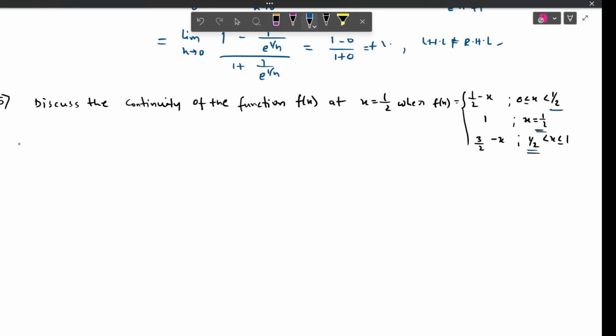Okay, so let us see our left hand limit at x equals to half. Okay, so limit x tends to half minus f of x, that should be limit x.